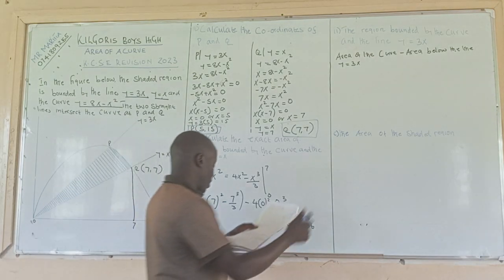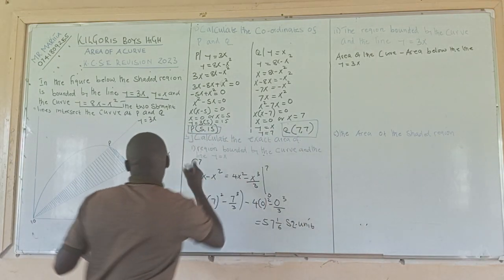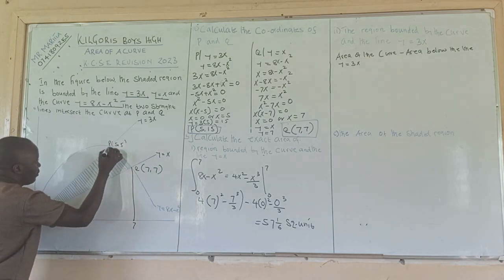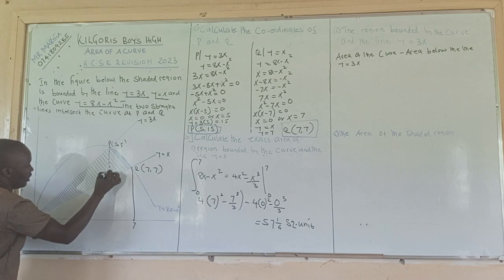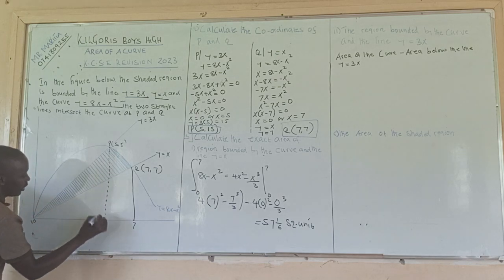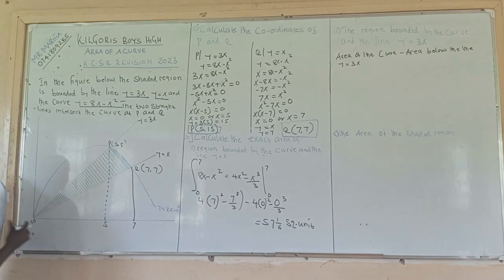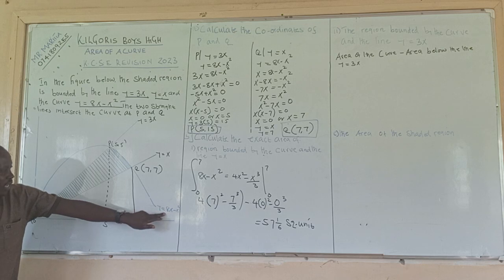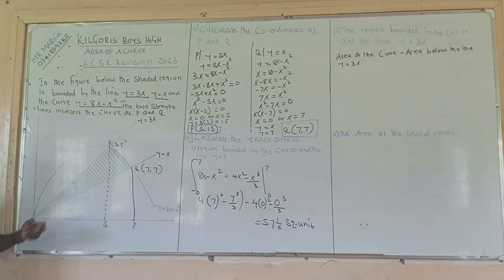So simply what you do there, the coordinates we have at this point B are 5, 5. So x here is equal to 5. Our limit of integration is from 0 to 5. To get the area of the curve, y is equal to 8x minus x squared, and the area below the line y is equal to 3x.